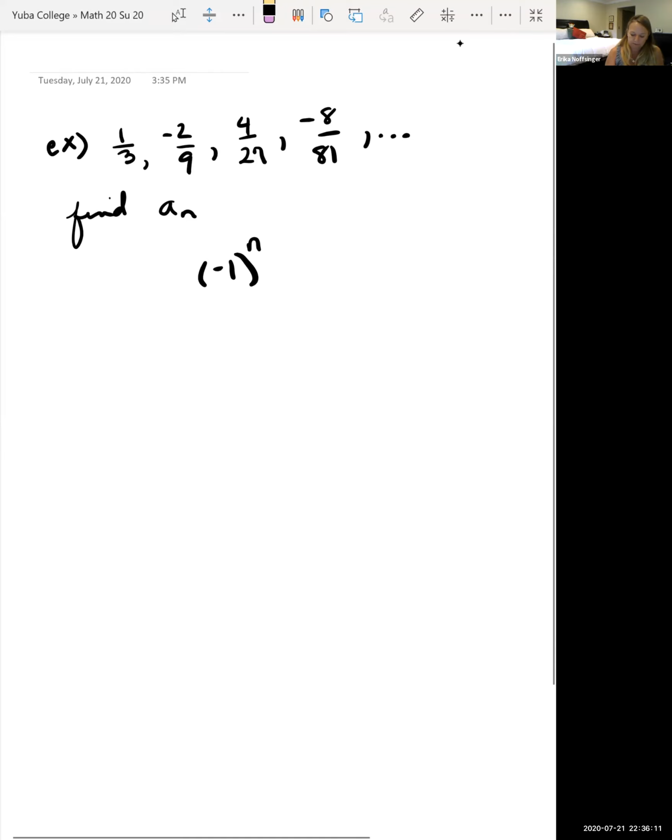So I want positive first. When I plug in 1 for n, that would make this -1 raised to the first power, which is negative. So I need a +1 in here, or like I said, it could have been -1. Because now if I plug in 1, 1 + 1 is 2, an even number, and that's going to make it positive.